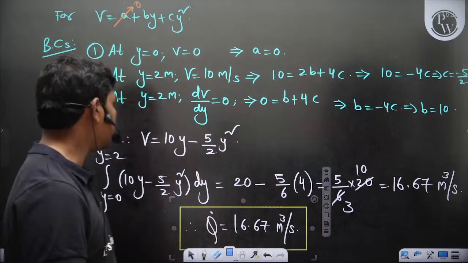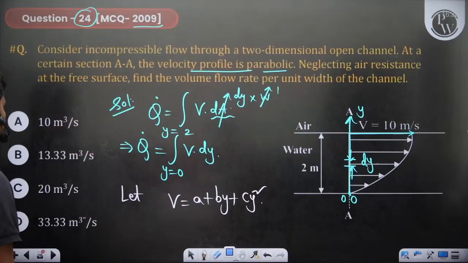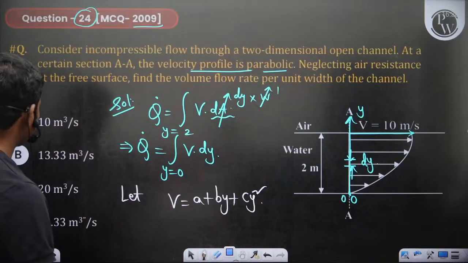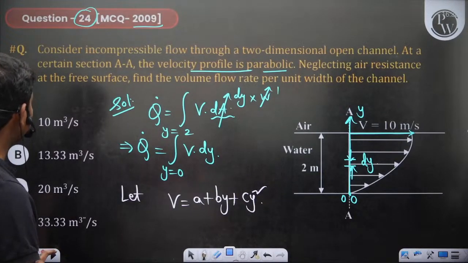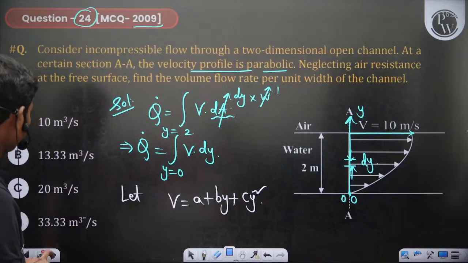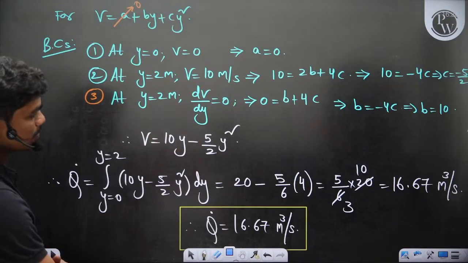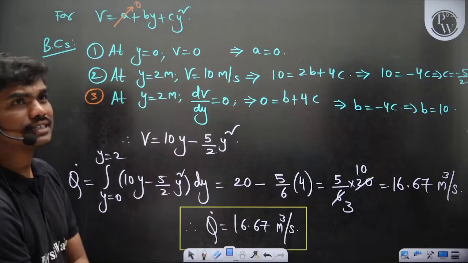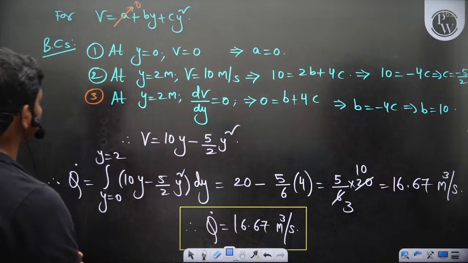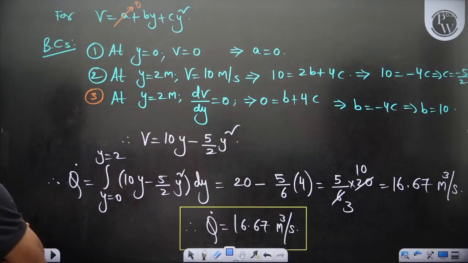Okay, let's see if we have an option with that. 16.67, no, 10, 20, 13.33, but how come? 50 by 3 is how much? 16 3s are 48, no? Perform the integration once again.